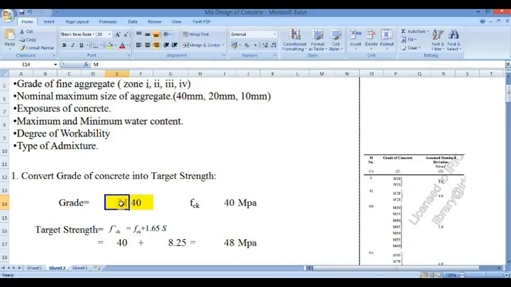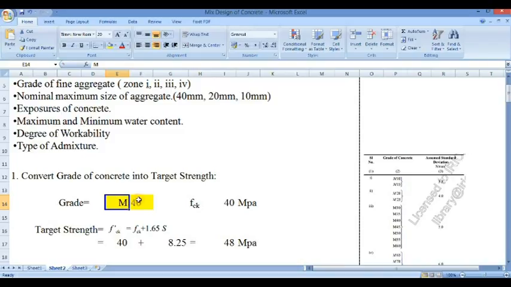And what is the specification for your test? You have to produce 150 cube as per Indian standard. After 28 days of casting, you test the 150 cube under the universal testing machine for compressive load, and you will get 40 MPa strength.